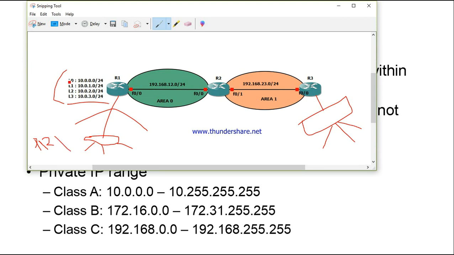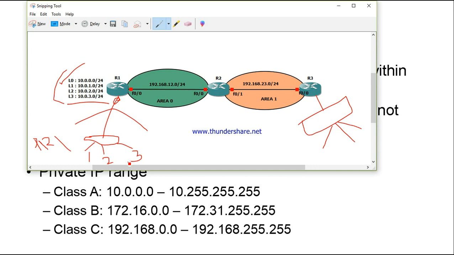Let's consider the first loopback IP segment, 10.0.0.0/24. This is the IP address that we are going to configure in this segment. I'm going to configure 10.0.0.1 over here and .2 over here and .3 over here accordingly. So this IP address segment is being used in the R1 router.